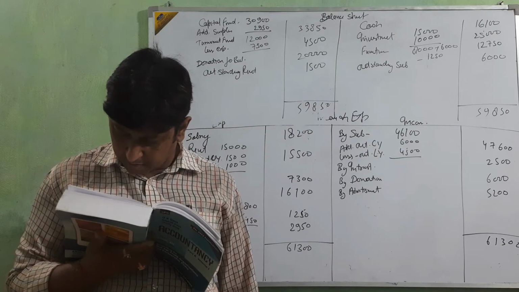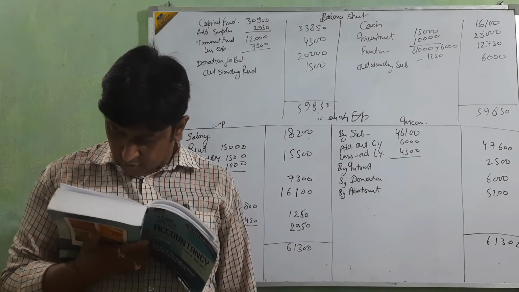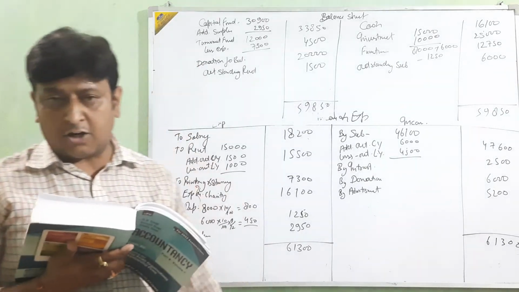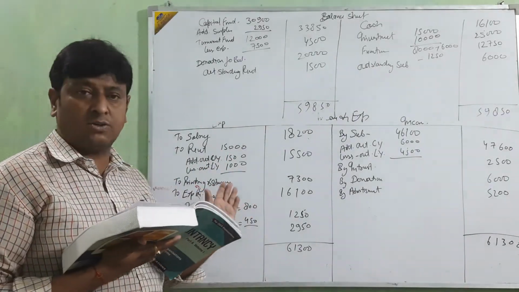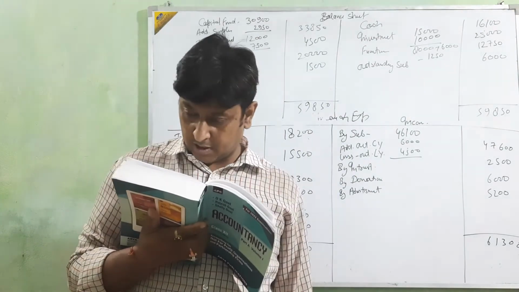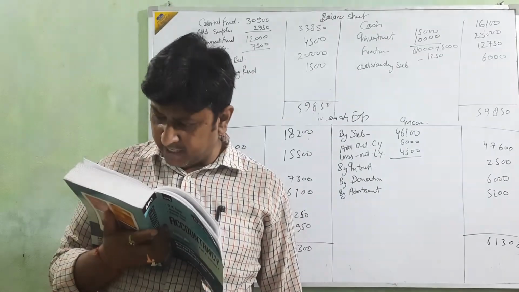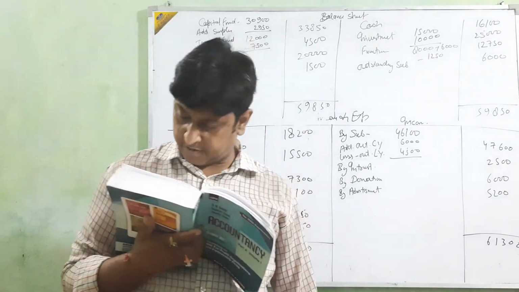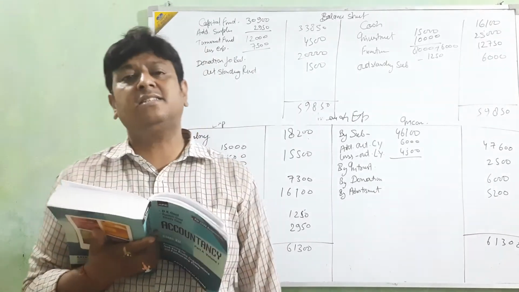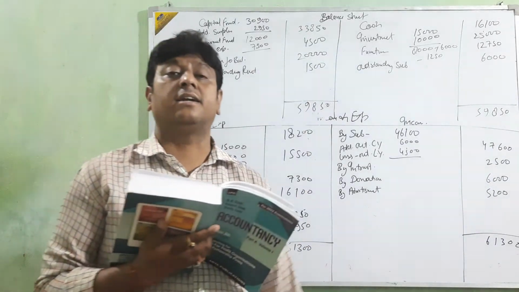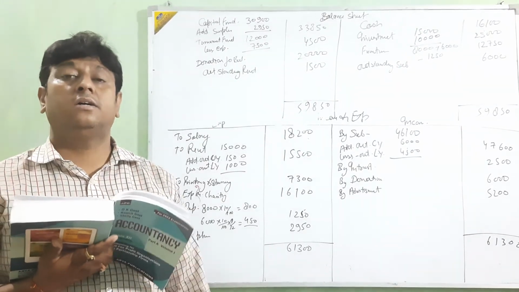Rent outstanding 1,000, beta. So that 1,000 we add in rent, and stationery outstanding 250 we add in stationery. Then postage, printing, stationery. Bicycle, it's an asset. Government bond, it's also an asset. Then balance, it's cash in the closing balance sheet.